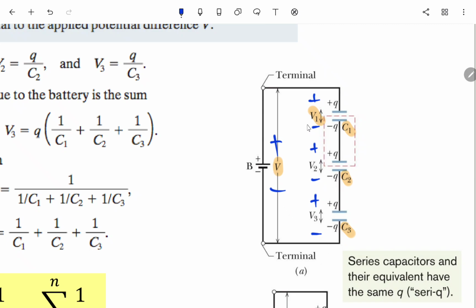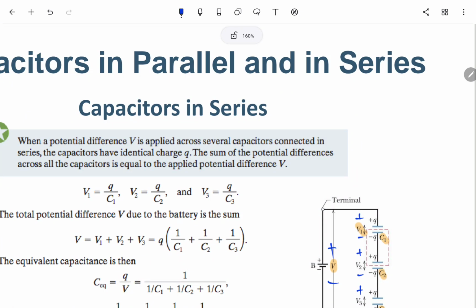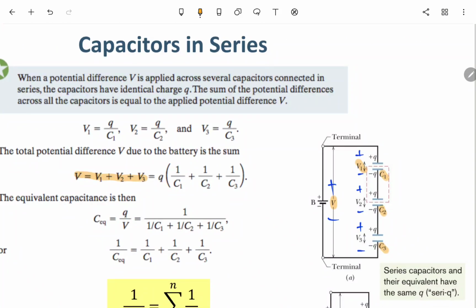So V should be V1 plus V2 plus V3, because the potential only relates to the starting point and end point. It doesn't relate to the path. For path 1 it is only V, and for this path it is V1 plus V2 plus V3. So these two sides should be the same.